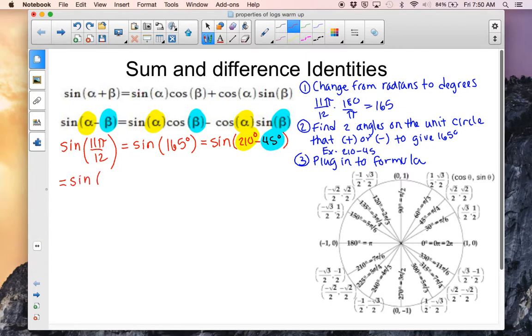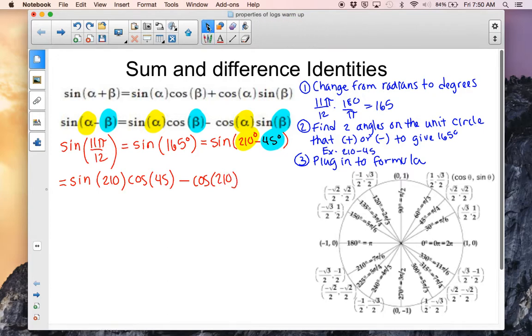So equals sine of 210, and that comes from this part here, times cosine of 45, and that comes from that part there, minus cosine of 210, and that's from that guy there, and then times sine of 45, and that's from this last guy here. And now technically I need degrees on all of these because we're in degrees, so I'm going to go ahead and put them in.